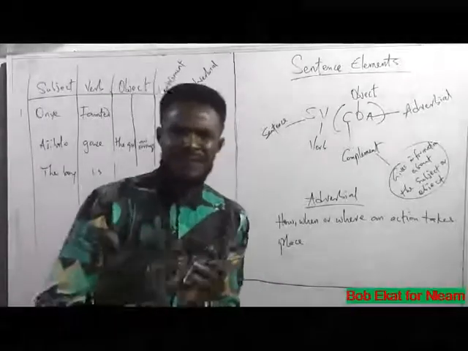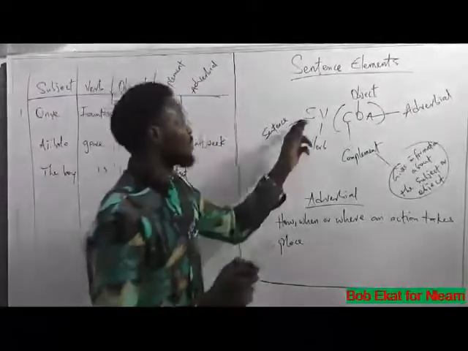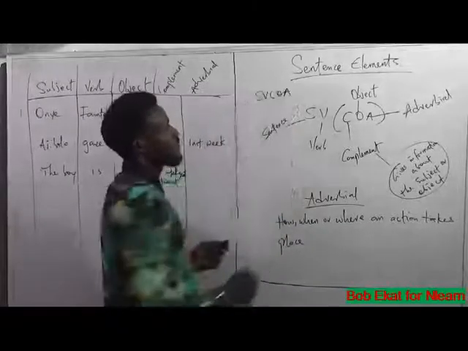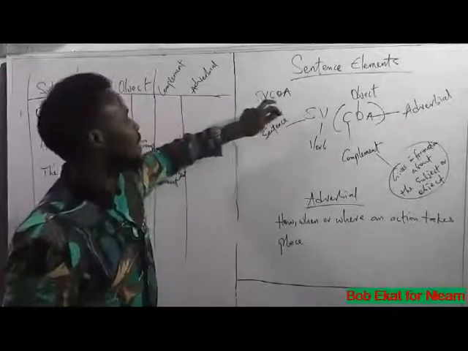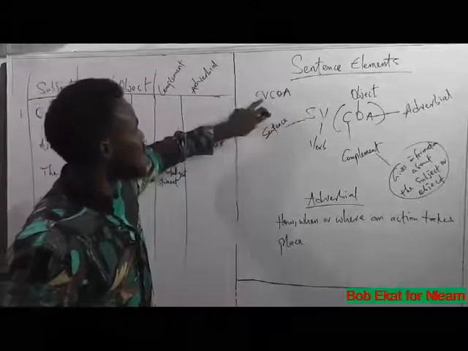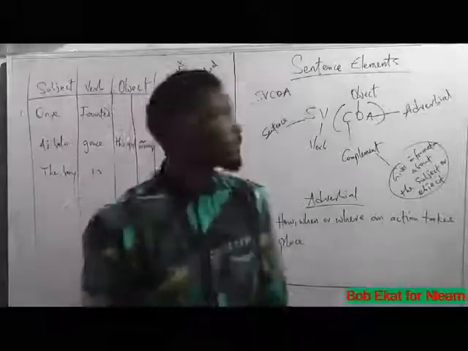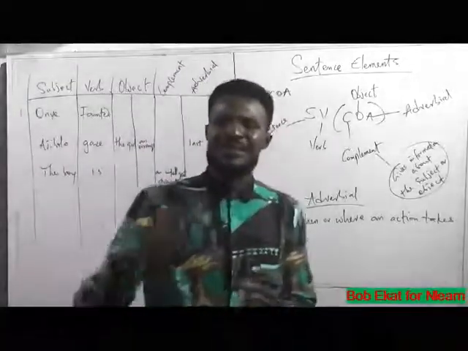Those units are SVCOA: subject, verb, complement, object, and adverbial.